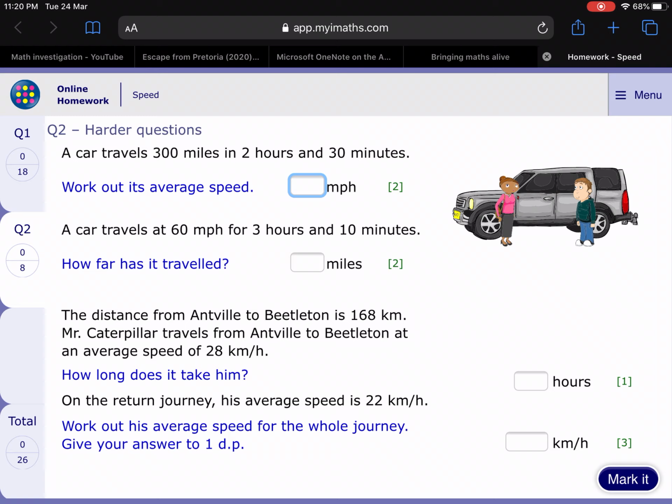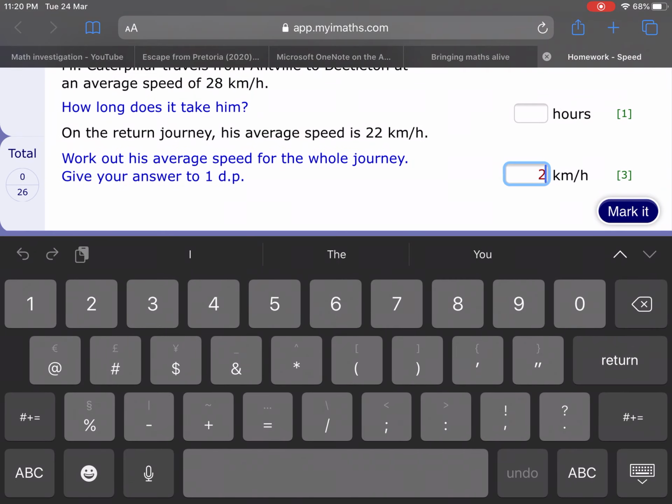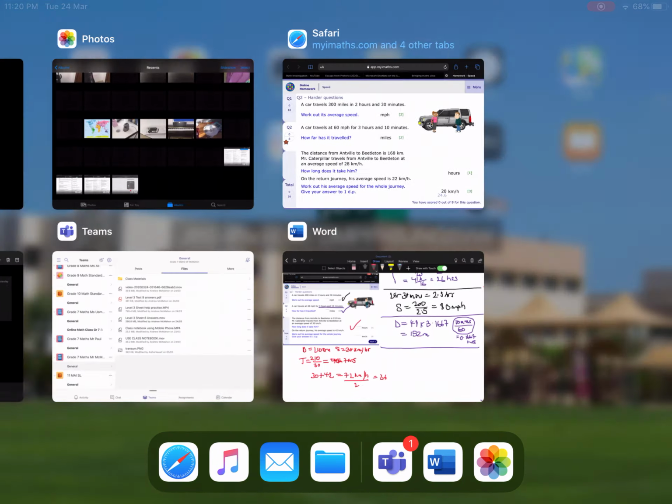Slightly different. 28 plus 22 is 40. 40 divided by 2 is 20. So it's not that method. So it's slightly harder then.